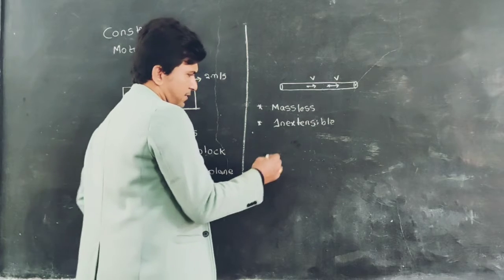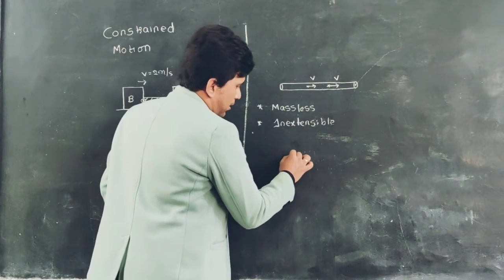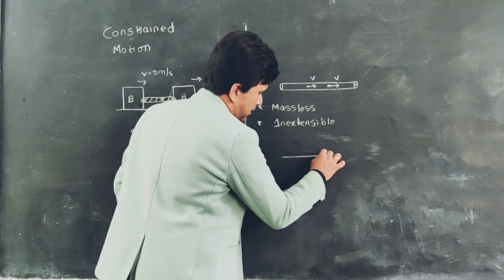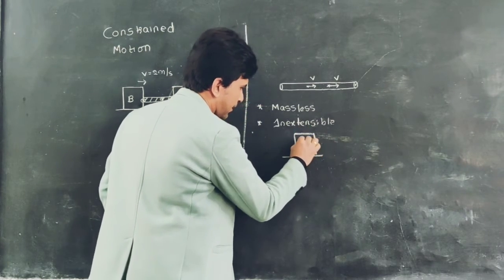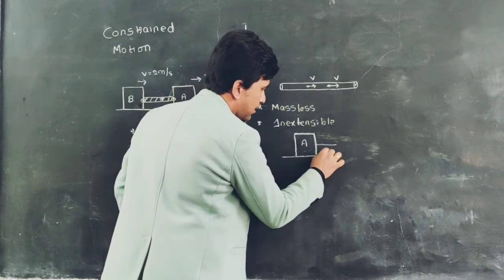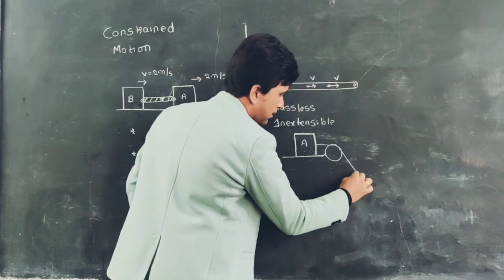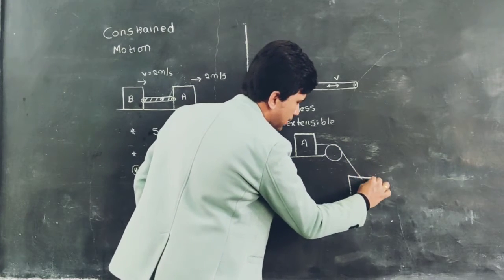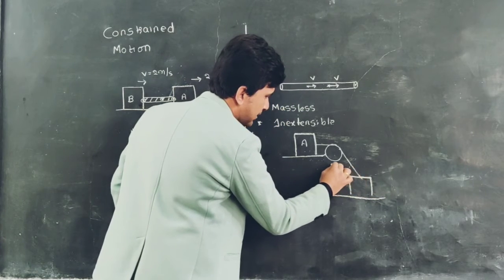Let's start with a basic problem like this. There is a block A, and this block is tied with a pulley. Let's say this angle is 37 degrees.